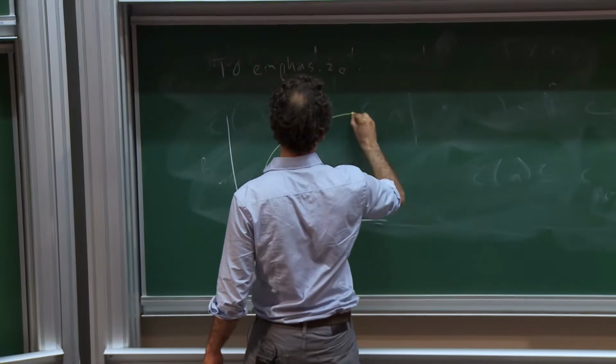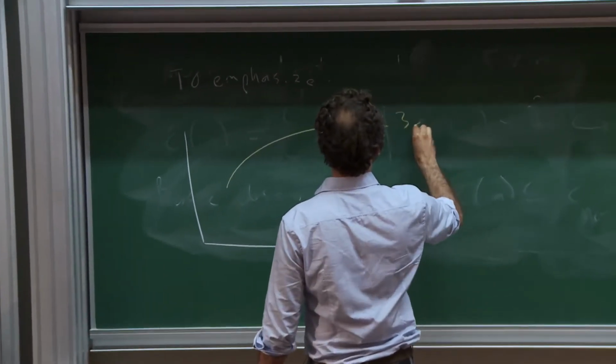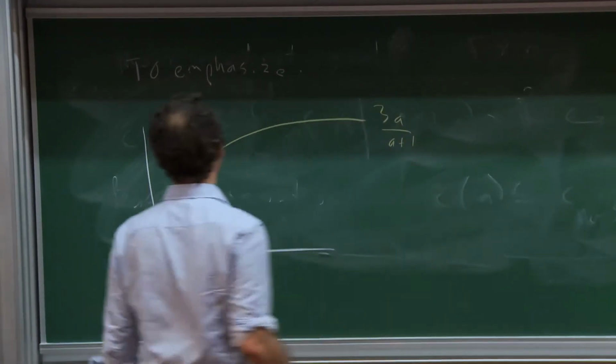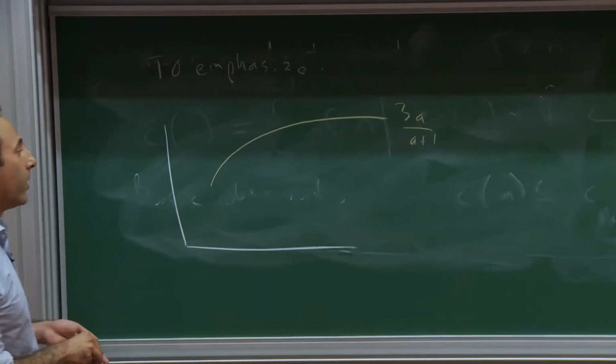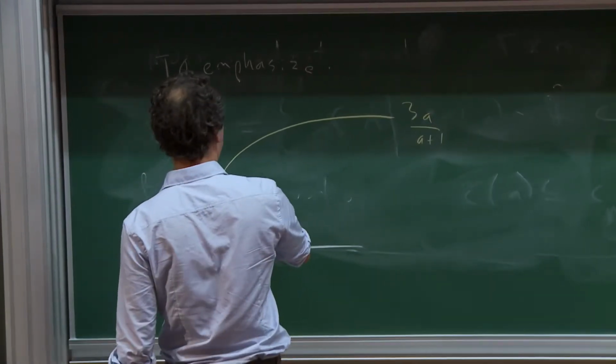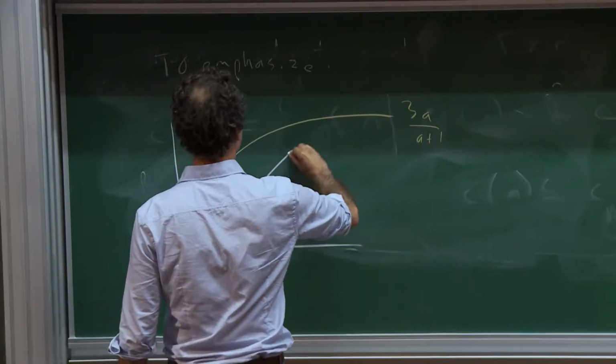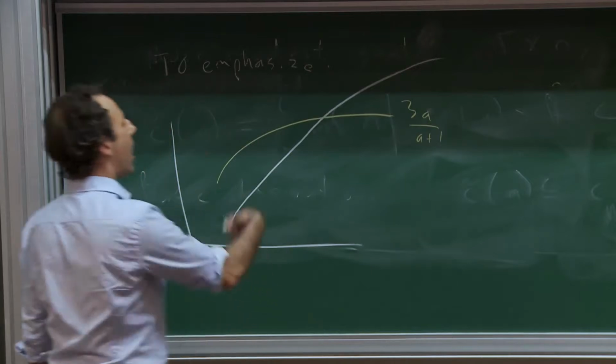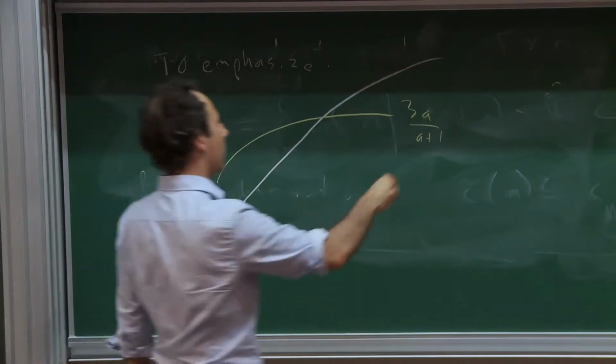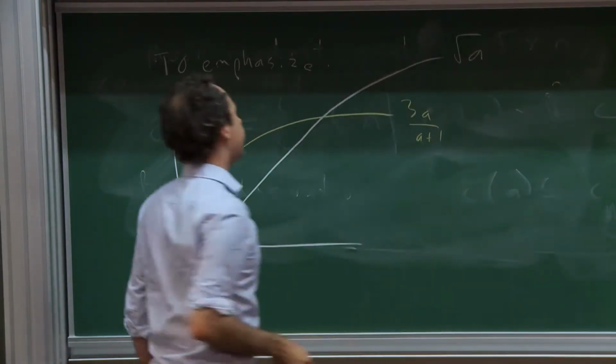It's asymptotic to 3. Okay, so here's 3A over A plus 1. Now, this square root function, well, it is a square root function. And in particular, it crosses the graph of 3A over A plus 1 at some value.